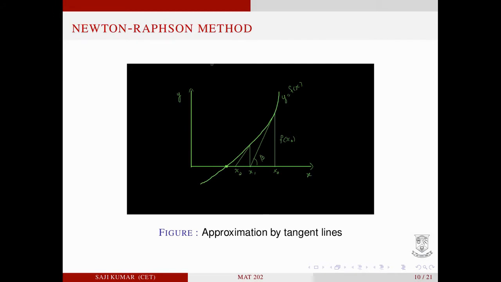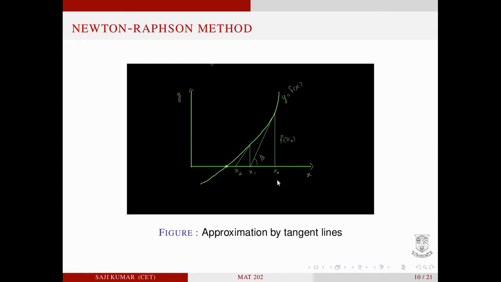This is the diagrammatic representation of the Newton-Raphson method. Here we are considering a continuous function, say y is equal to f(x), and an equation of the form f(x) is equal to 0 with the continuous function f(x). Suppose that the continuous function crosses the x-axis at this point, and this point is taken as the solution of the equation f(x) is equal to 0.